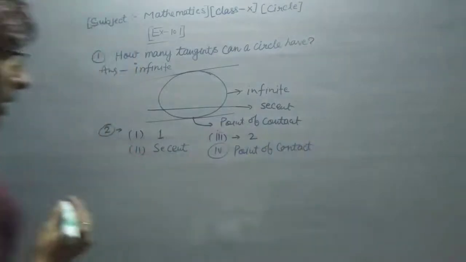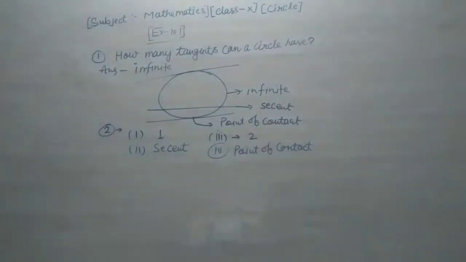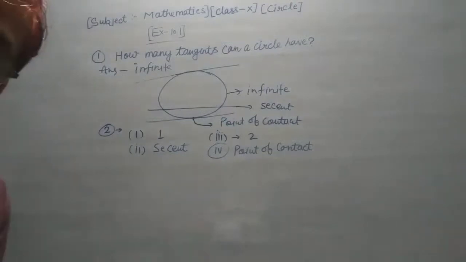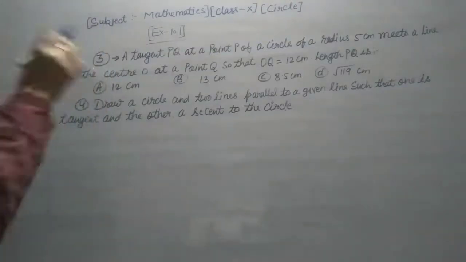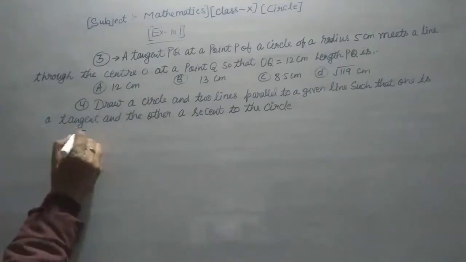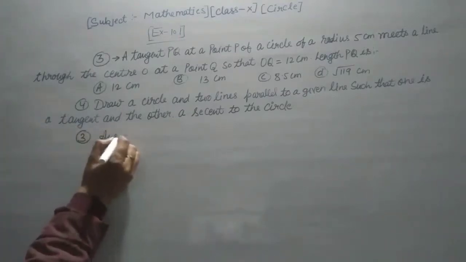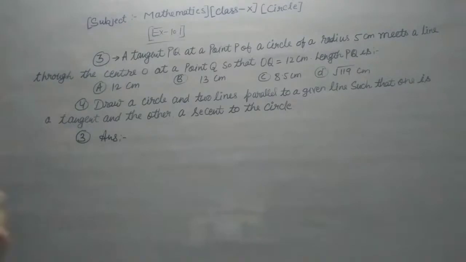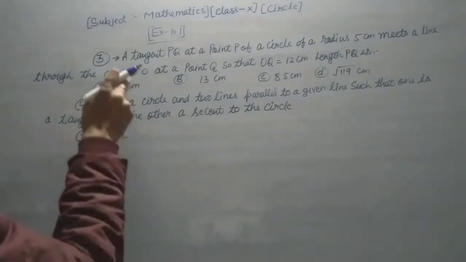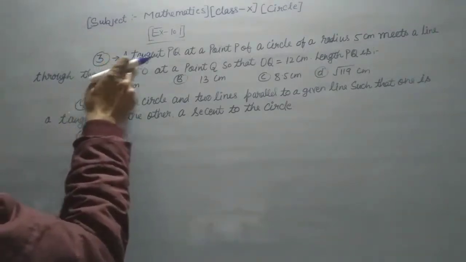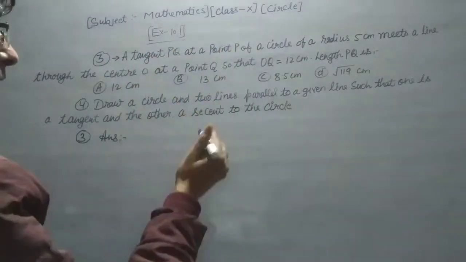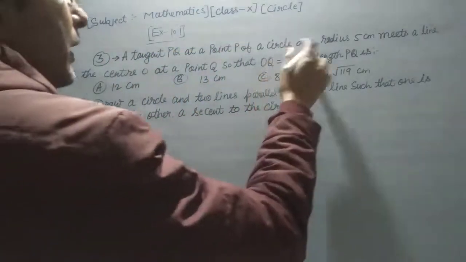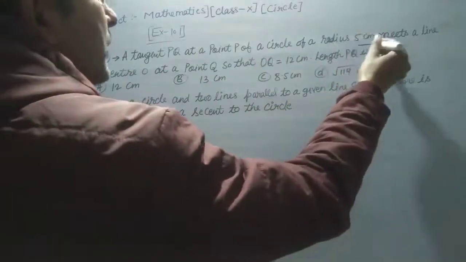Okay. Now the next question. This is your question number 3 here. First you have to see: a tangent PQ at a point P of a circle. The radius of the circle is 5 centimeter.